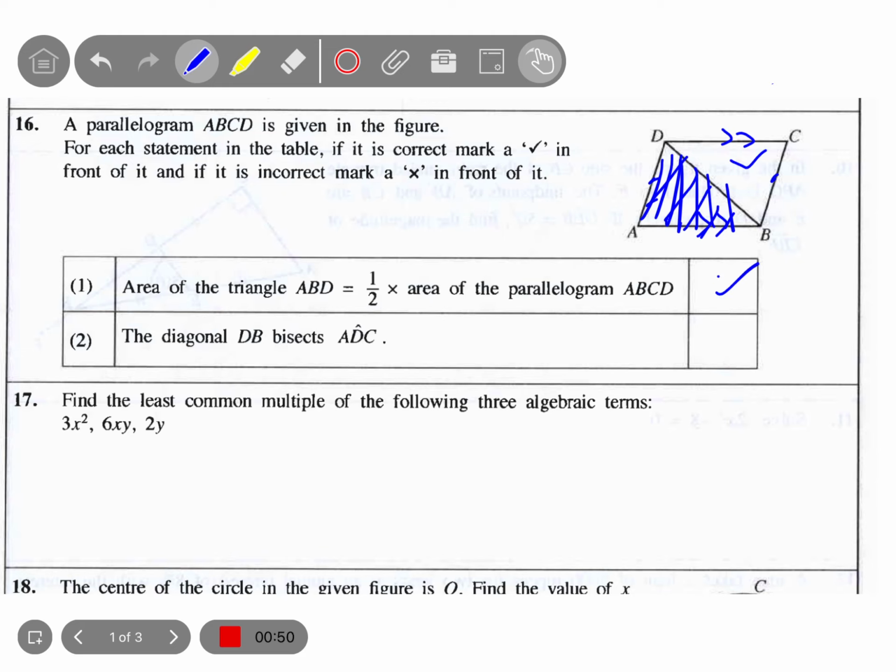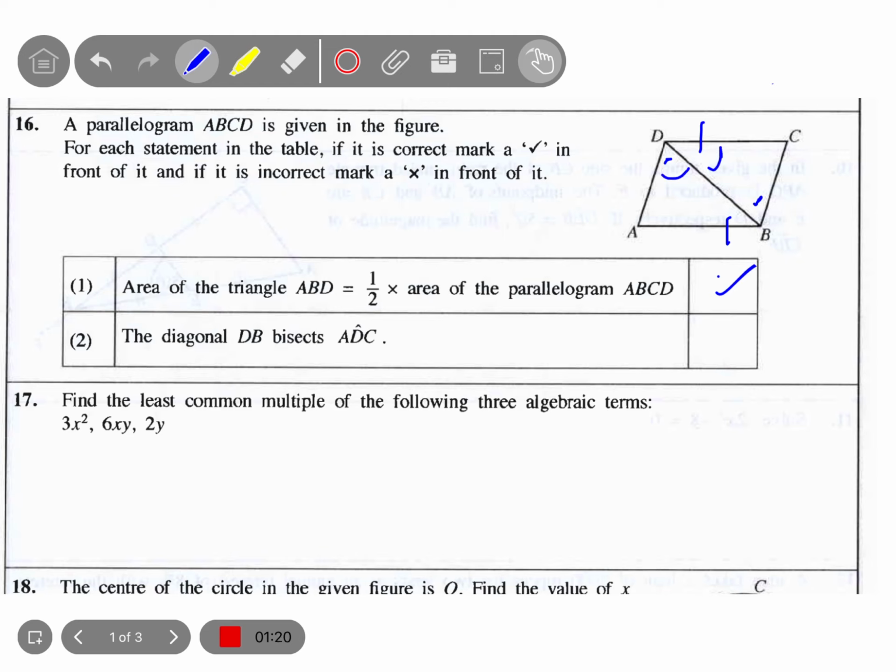The diagonal DB bisects ADC. So what does it mean? It's asking whether DB bisects ADC. Is it correct? That's not correct. In a parallelogram, what we know is this angle and this angle are equal, and this angle and this angle are equal.